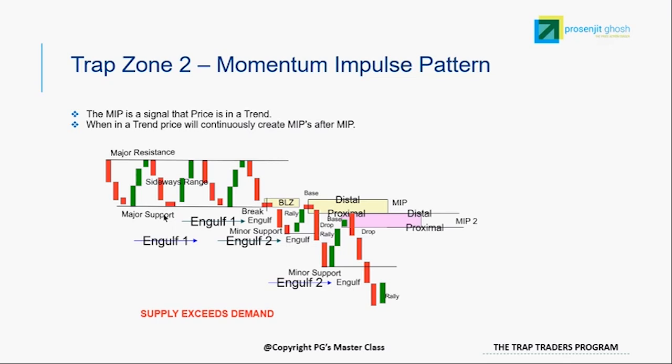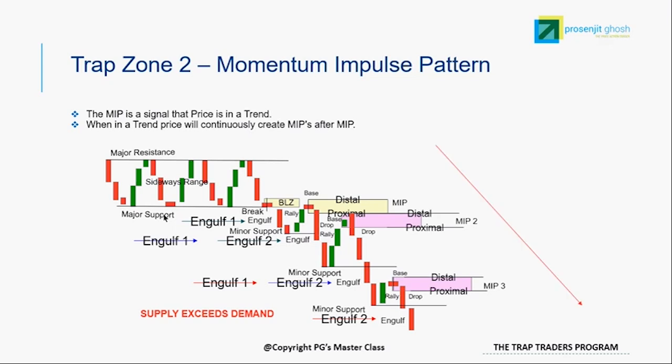The third, again price rallies because this is a downtrend, creates a rally base drop, and by this another minor support gets engulfed. We know that engulf number 1 happened, thereafter rally base drop happened, and lastly we have engulf number 2. So this is also a MIP structure formed in the chart, and this denotes downtrend.